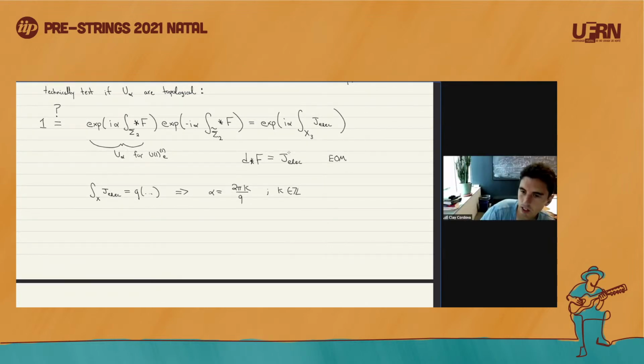If you think of this as a one-form, then this should be star J. The equation of motion in indices is d mu F mu nu equals J nu. And if I write it in differential forms, it would be this one.